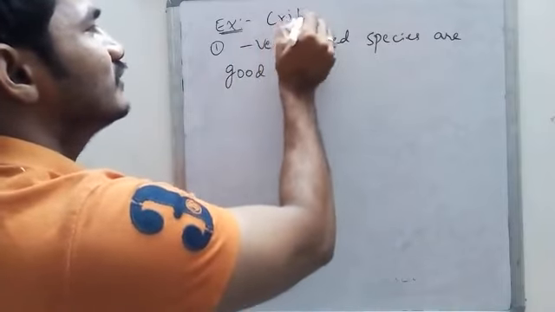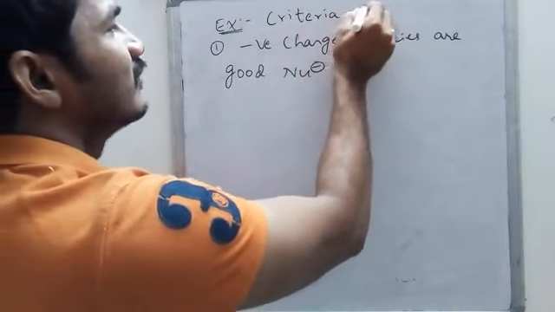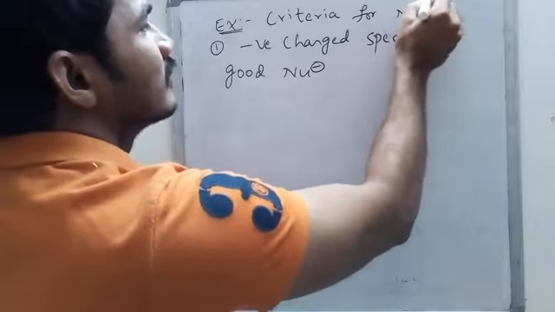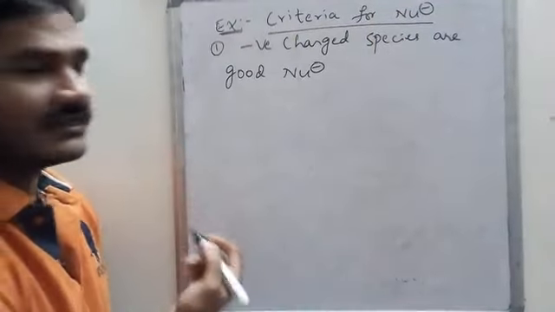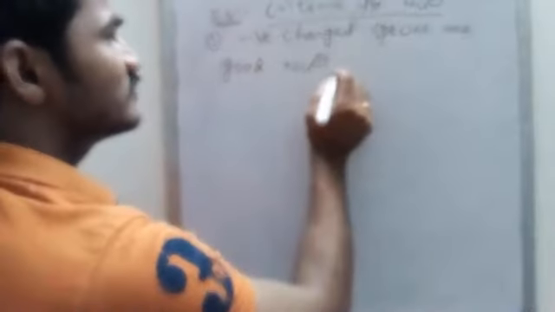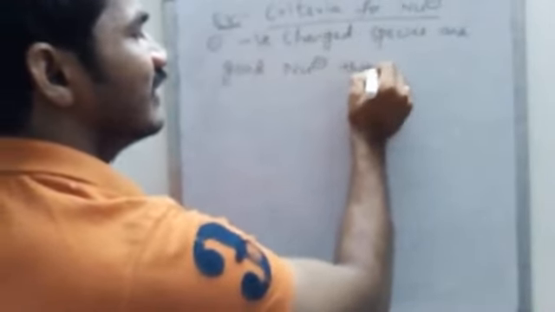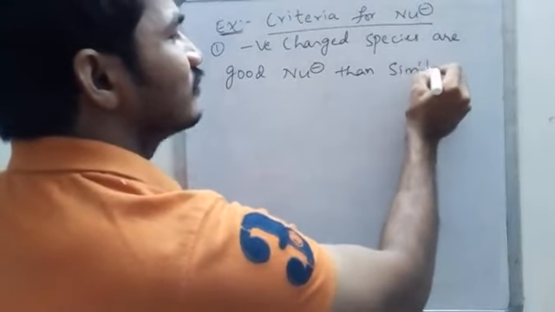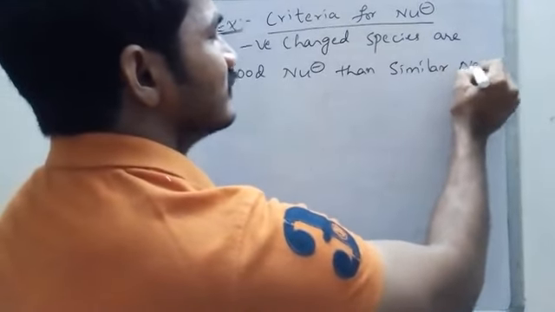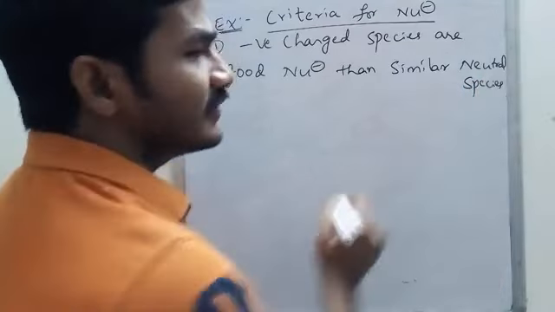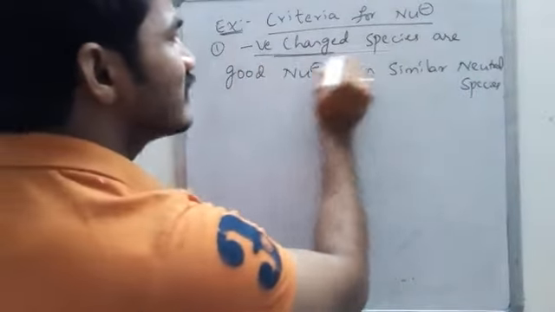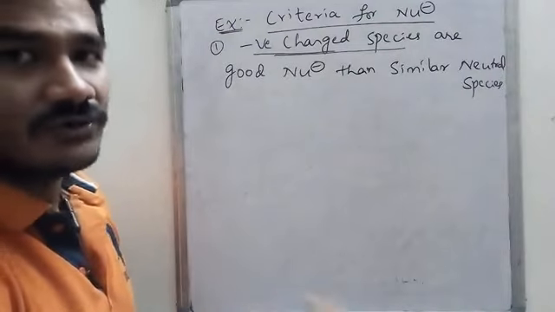This is the criteria for a nucleophile, meaning how we can guess which is a strong nucleophile and which is a weak nucleophile. Compared to similar neutral species, negatively charged species are said to be good nucleophiles.